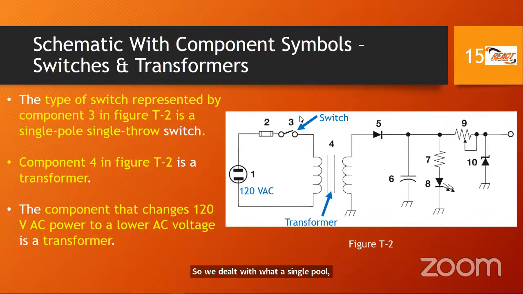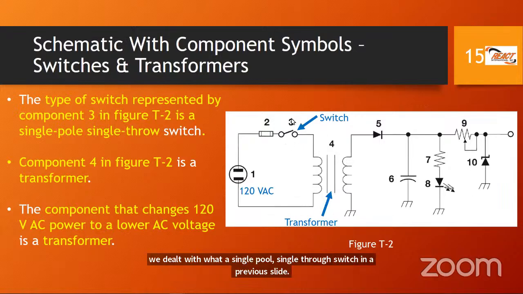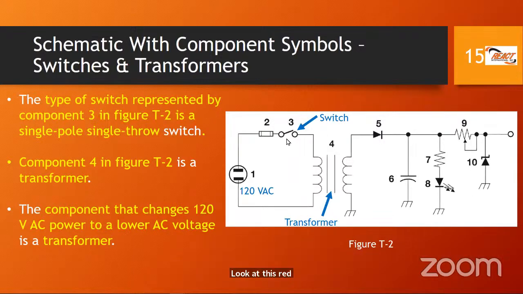Pluck component 3 out of the schematic and isolate it. This is a switch, but what kind? It's a single pole, single throw switch, basically an on-off switch. We'll come to more things about switches later in the course.